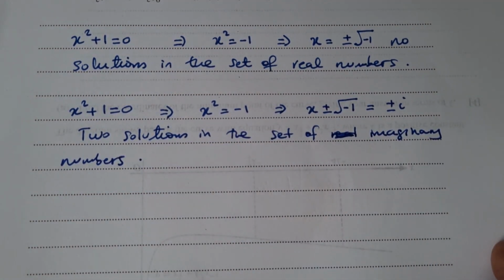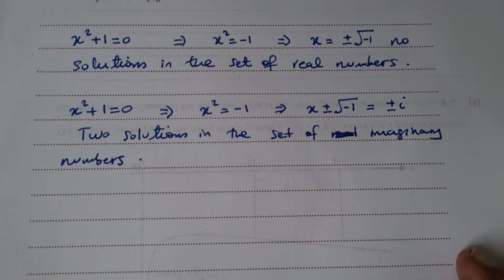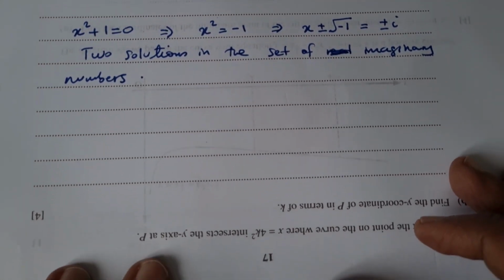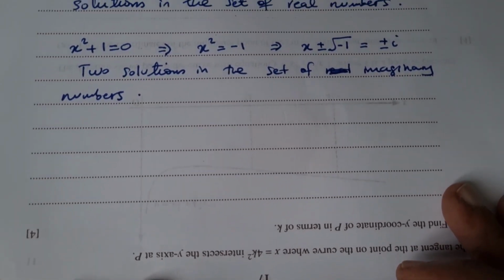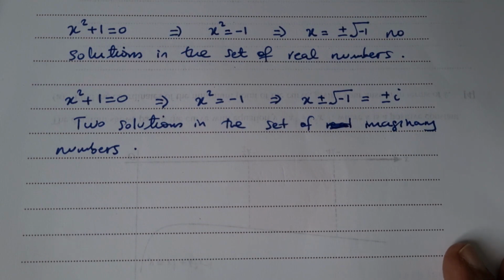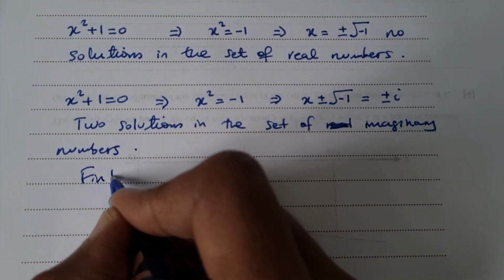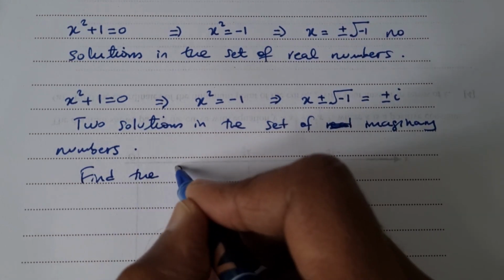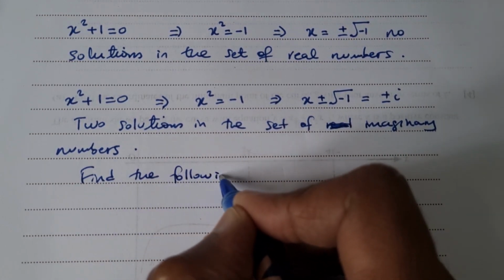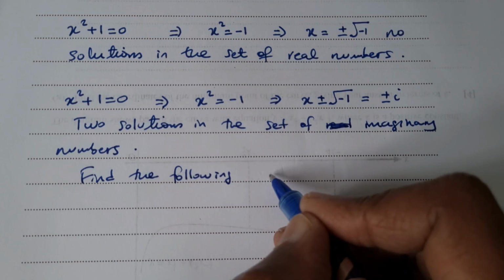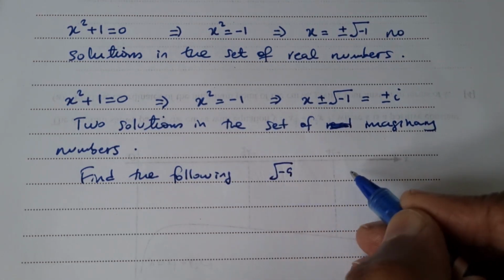Right, so basically now we can use the laws of surds to extend the use of i to find other imaginary numbers. But before we do that, let's try and understand if we can solve a few questions here. For example, if I tell you to find the following, let's say first of all I've got the square root of negative 9.